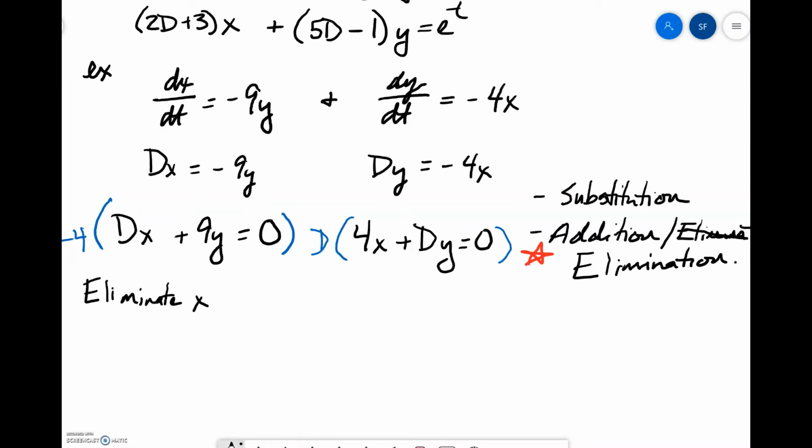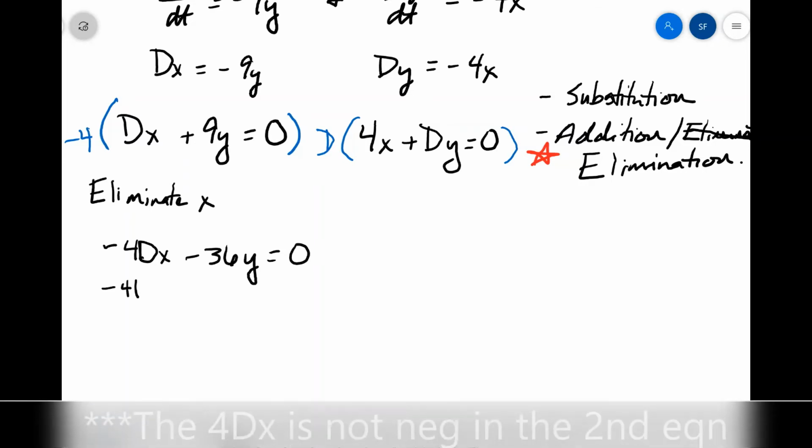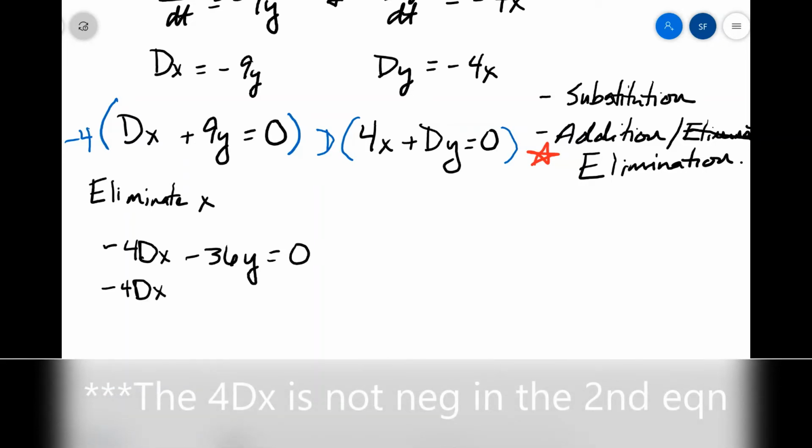Again, we're treating this like algebra. So when we do this, now we've got negative 4Dx minus 36y still equals 0. And on the other side, we've got negative 4 times the derivative of x plus D squared y equals 0.